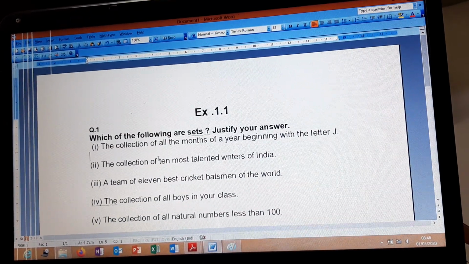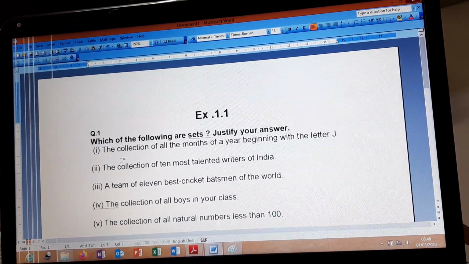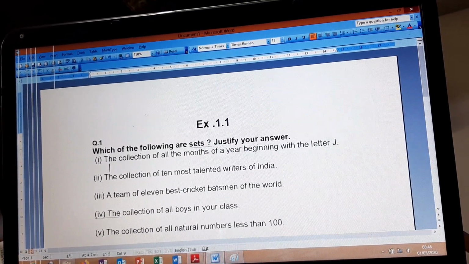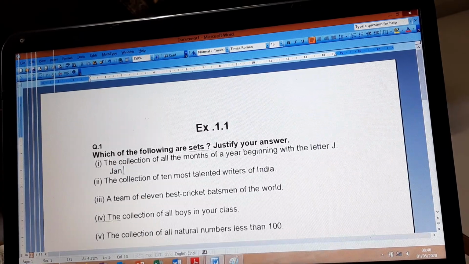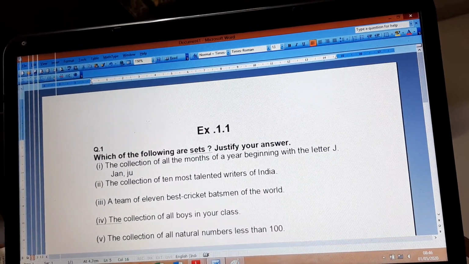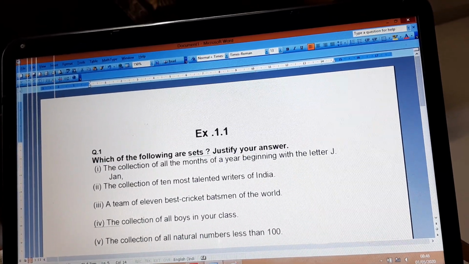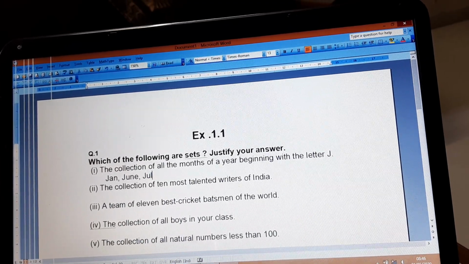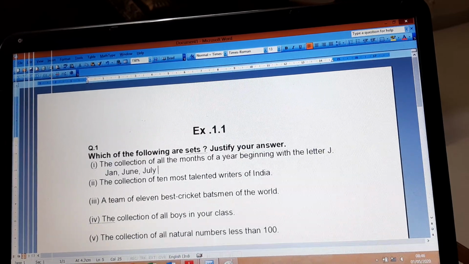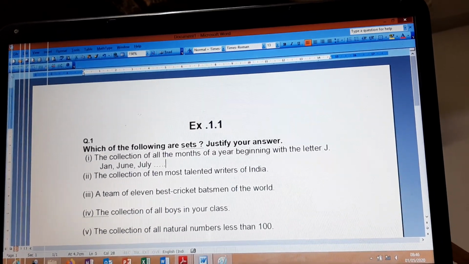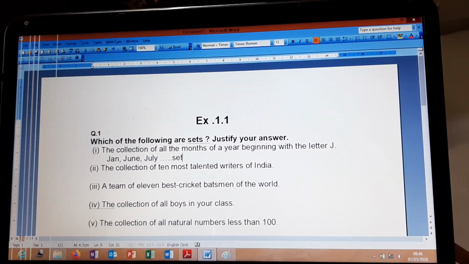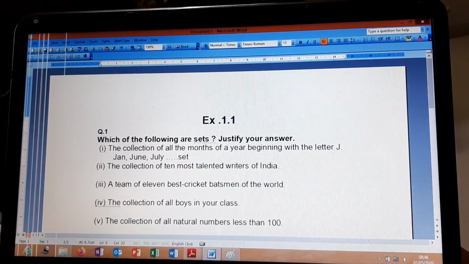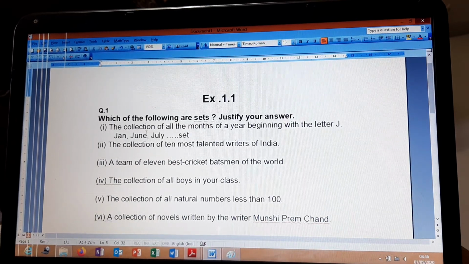You know there are 3 months. That is January, then June, then July. So these are the 3 months. So this is a set, because you can list this out very easily. So this is a well-defined collection.